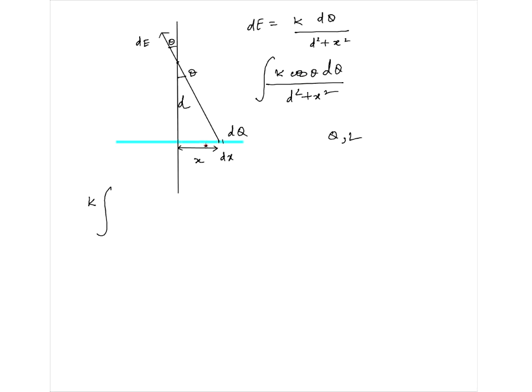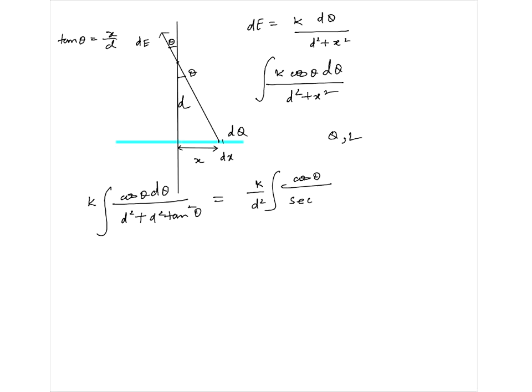If I don't want x, then I can use tan theta equal to x by d. d square is out. One plus tan square theta is sec square theta.